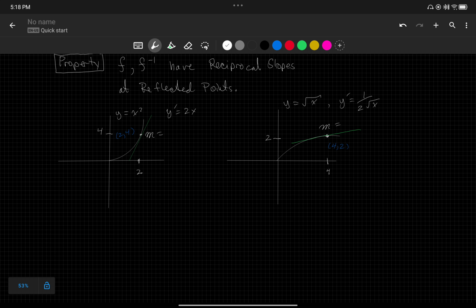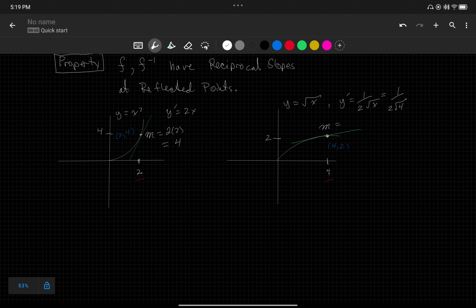And we sure do. Here's your x value. We just plug it in, and it goes right here. So it's going to be 2 times 2. So then the answer is 4. And then over here, if you plug in the 4, 2 square root of 4.